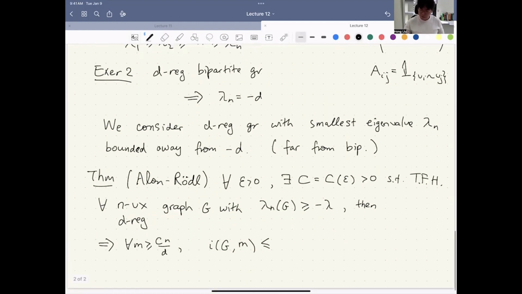We can get an even finer control on every slice. So the number of independent sets of size m is at most this value, (λ over d plus λ plus epsilon) times n, choose m.